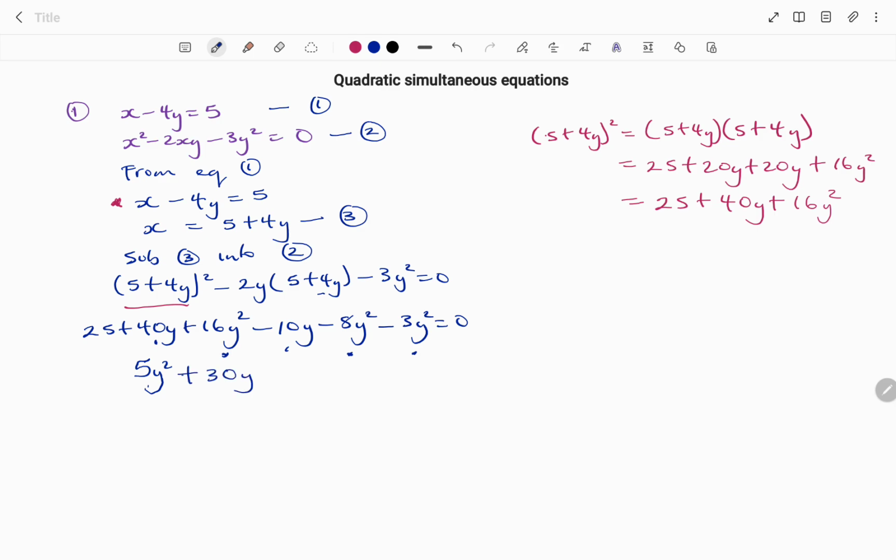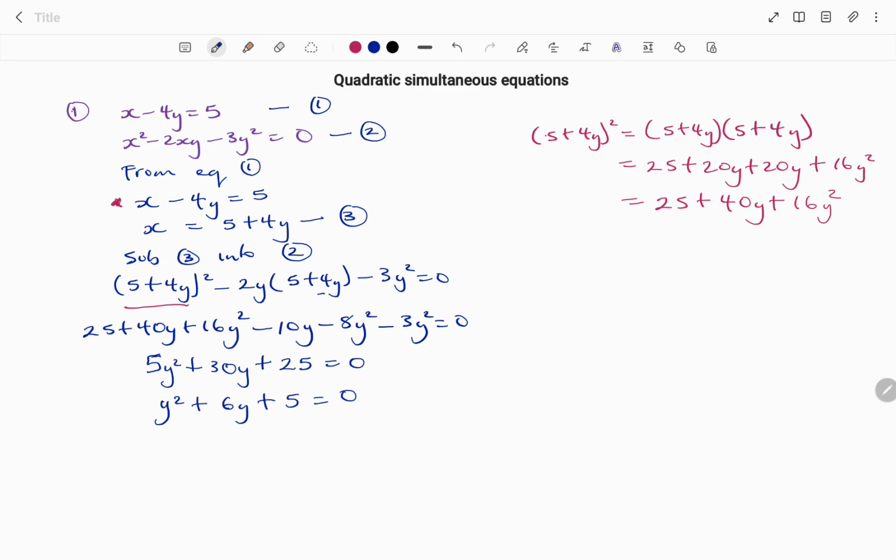Then for my constant term, I have plus 25 equals 0. To make my quadratic equation simpler, I'm going to divide through by 5, which is a common factor. I'm going to have y squared plus 6y plus 5 equals 0.